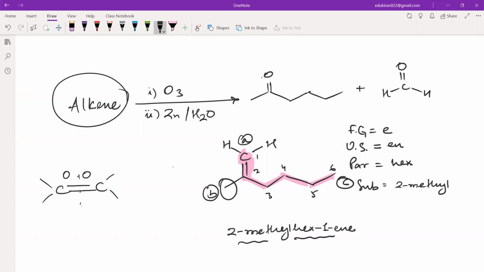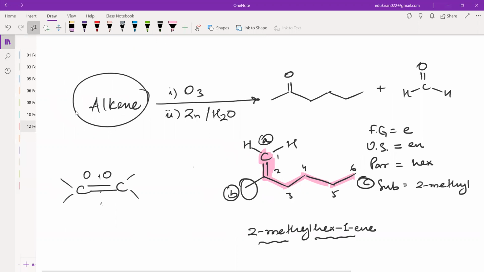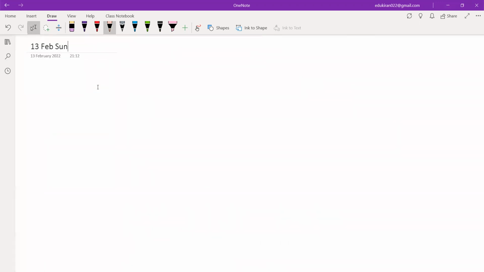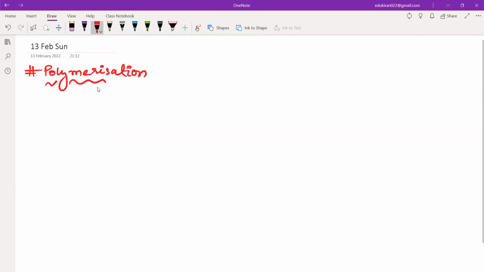Okay. Now, in today's class, there is a small topic from polymerization.